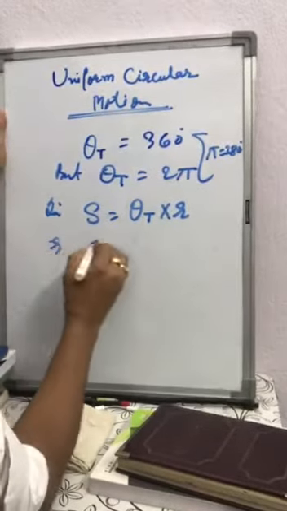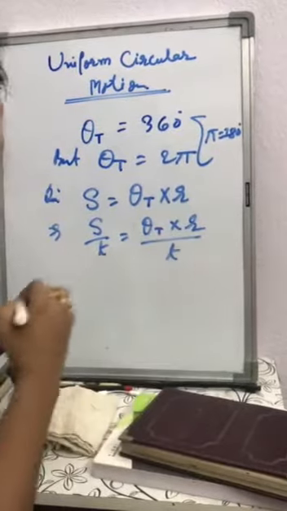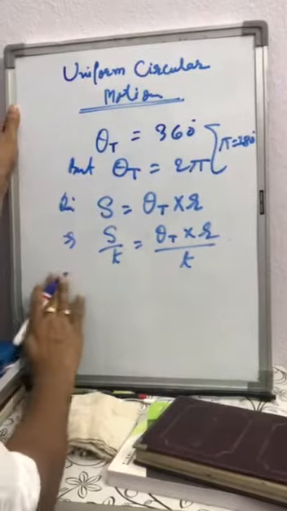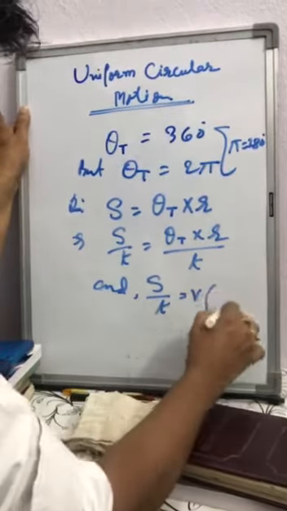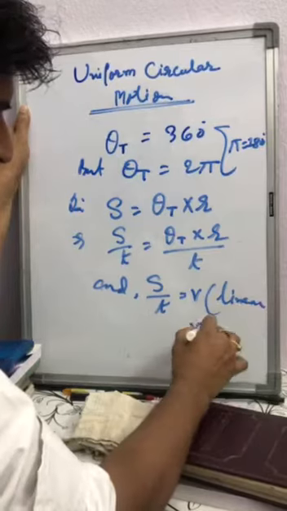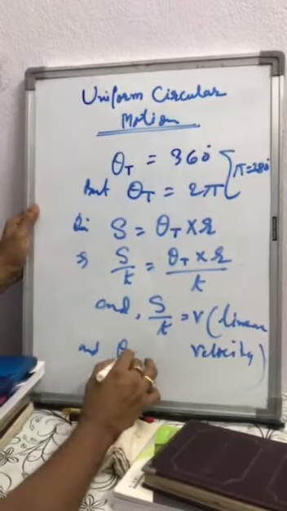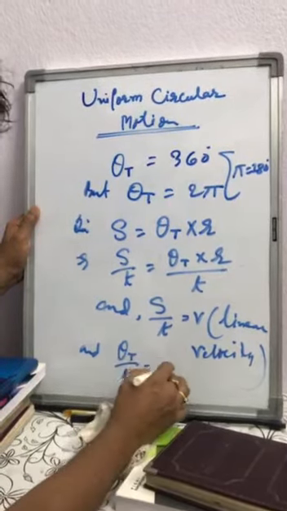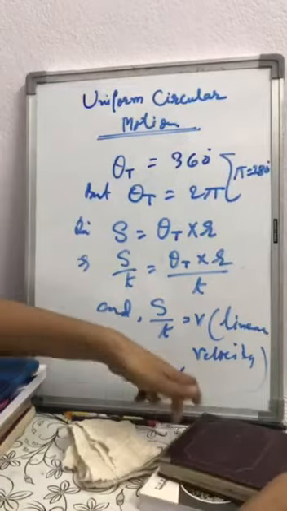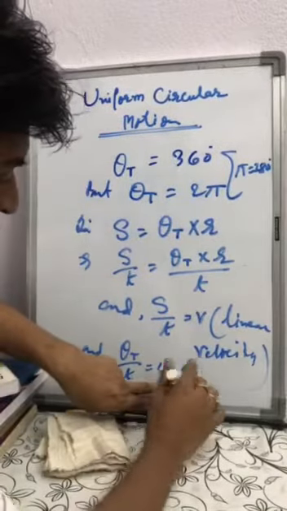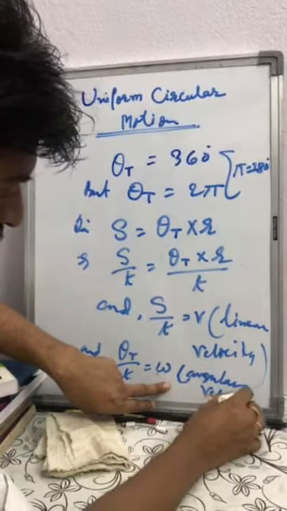Now dividing by time on both sides, S by T is equal to theta total into r by T. T is the time. S by T is equal to V, that is the linear velocity, and theta total by T is equal to omega, that is the angular velocity of the body.